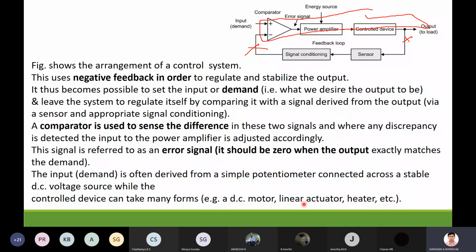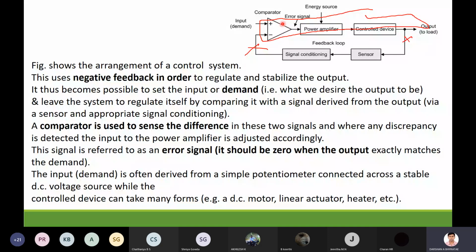Heater, linear actuator, or DC motor, all these are control devices here. Whenever you turn on the power, obviously it increases the speed initially. After that, I'm getting stability. How do I get stability? By taking some portion of the output and connecting it to my feedback circuit. The output of the circuit I'm going to connect to my comparator here.